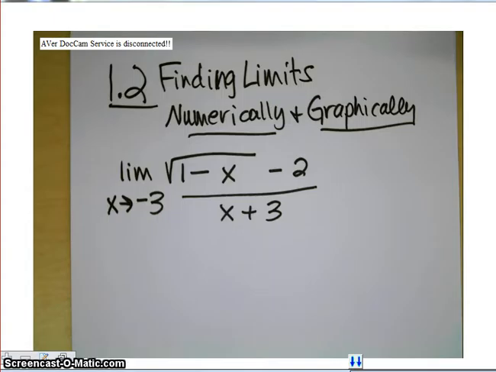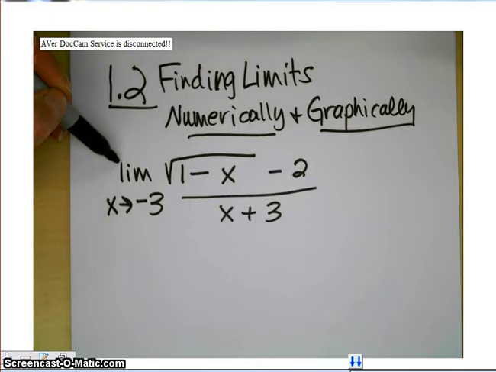This is finding a limit numerically, and this is going to be like problems 1 through 3 and 6. So if I want to find a limit numerically, the first thing I have to learn to do is read this problem. This is read as the limit as x goes to -3 of that function.